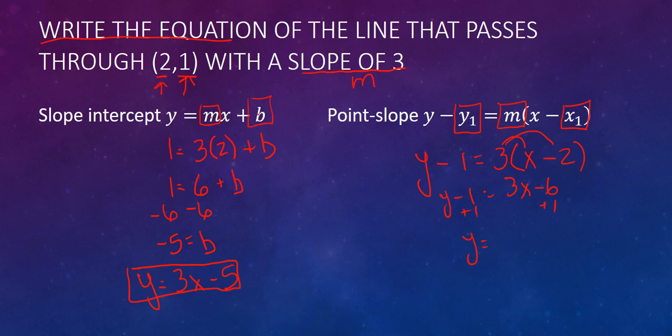So your y equals 3x minus 5. So you can see you end up getting the same answer. So it's just your choice which method you want to use. I like point-slope better just because you don't have to remember to rewrite the equation. You just simplify it and get y by itself, and there's no rewriting. But it's your choice if you use slope-intercept or point-slope, whichever one works better for you.